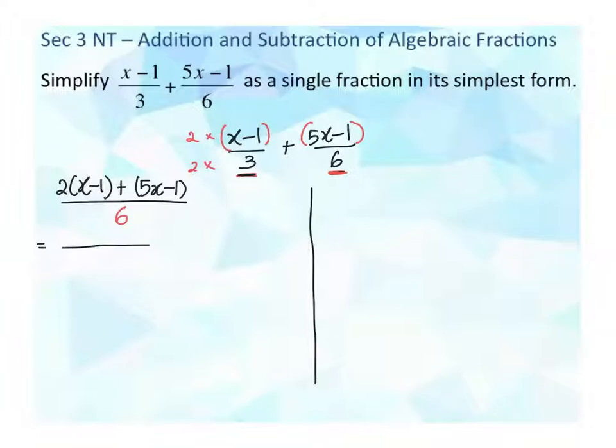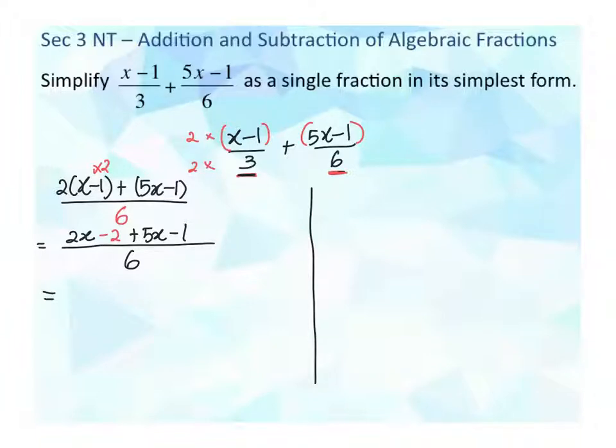Simplifying the brackets, I will have 2 times x, 2x. Remember, the one at the back also must times 2. So this is minus 2. Then plus 5x minus 1. Denominator is 6.